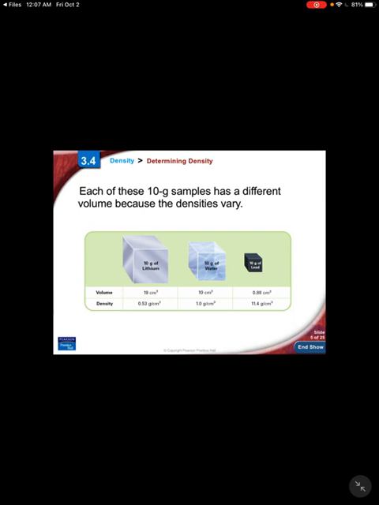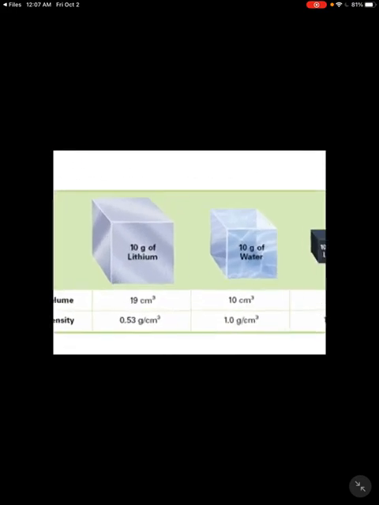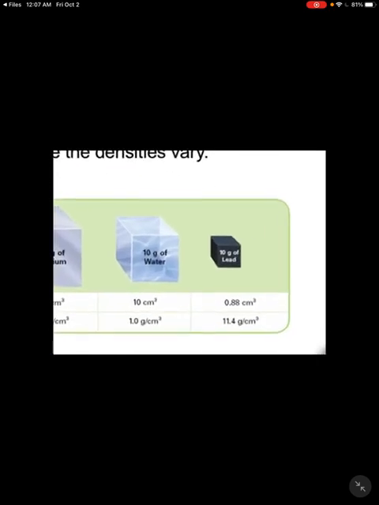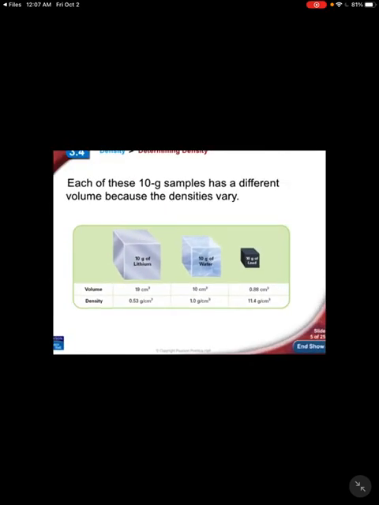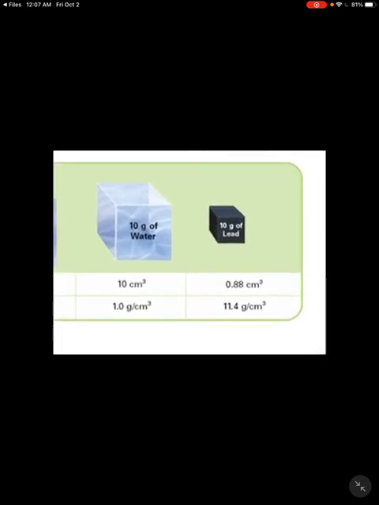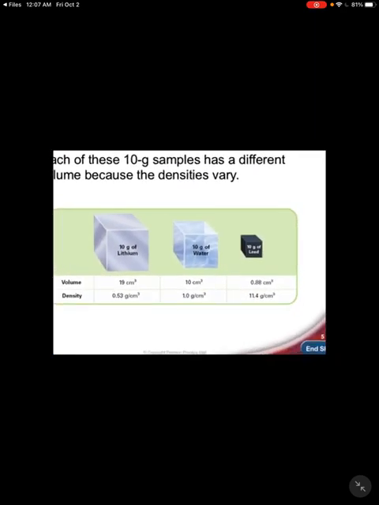Here's a few items. 10 grams of lithium would have a volume of, I can't quite see that value, 19 cubic centimeters. Water, of course, 10 grams would have 10 cubic centimeters of volume, or 10 milliliters. And a 10 gram sample of lead would have a volume less than 1 milliliter.